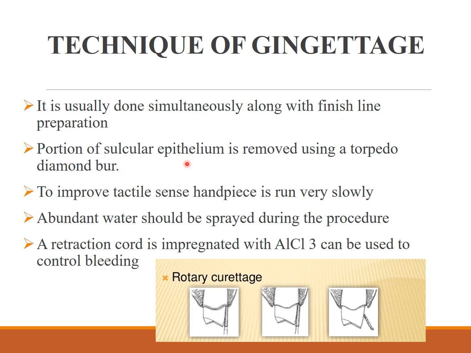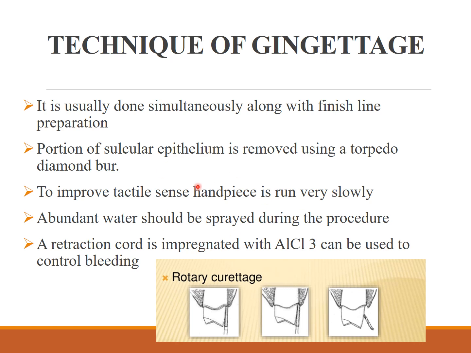A portion of the sulcular epithelium is removed using a torpedo diamond bur, and that improves the tactile sense of the hand. It is to improve the tactile sense and also to have the bur running very slowly.